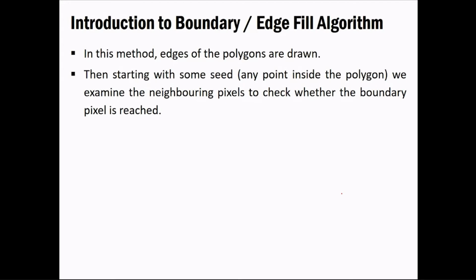Now pay attention here. Starting with some seed, any point inside the polygon. We have a shape, and starting with a seed, any pixel you choose, we examine the neighboring pixels to check whether the boundary pixel is reached.